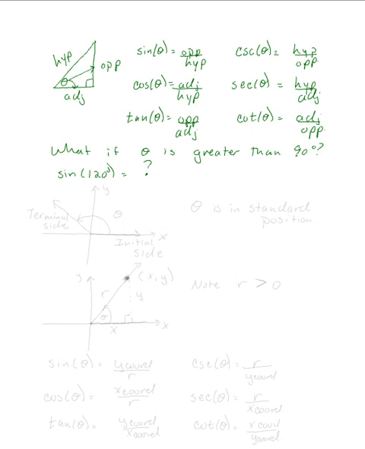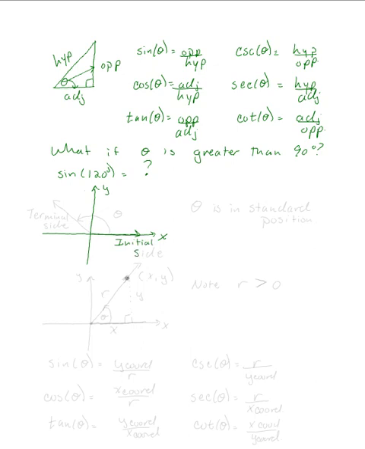Okay, so we're first going to start by putting our angle on a coordinate system. So I'm going to draw the XY coordinate system. And we can put our angle on this coordinate system by putting the initial side along the positive x-axis. And that always happens.